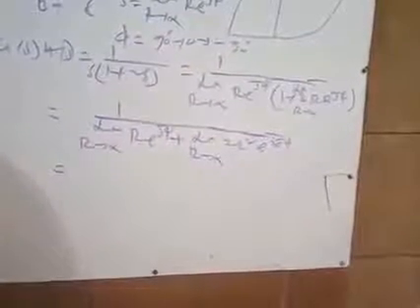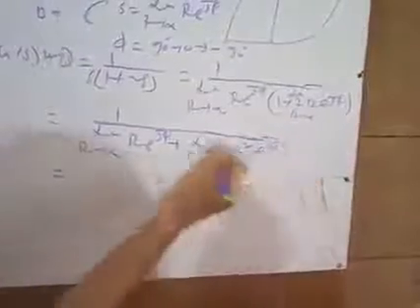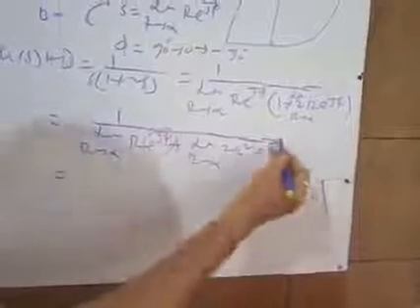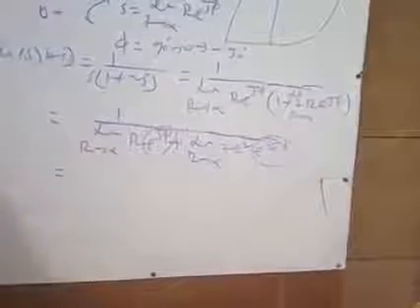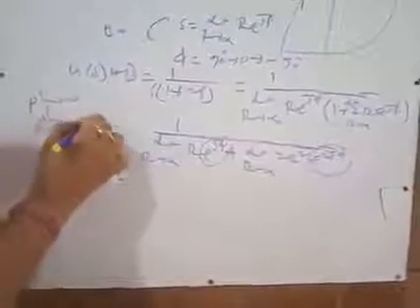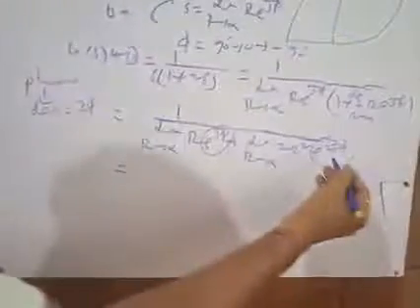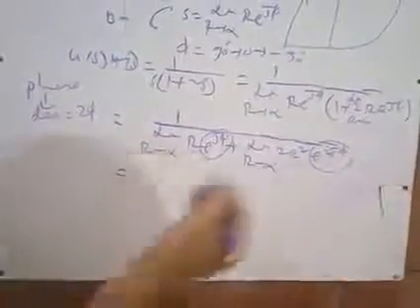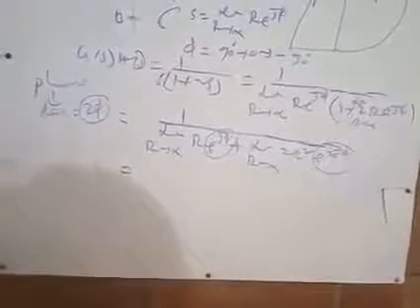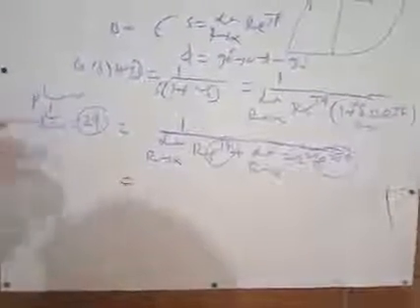So in the denominator, what is the maximum value of e to the power j phi? That means e to the power 2j phi. In the denominator you see this is e to the power j phi and this is e to the power j into 2 phi. That means the phase in the denominator is equal to 2 phi, right? If there are other terms, whatever the different values will be there, that will be the phi.